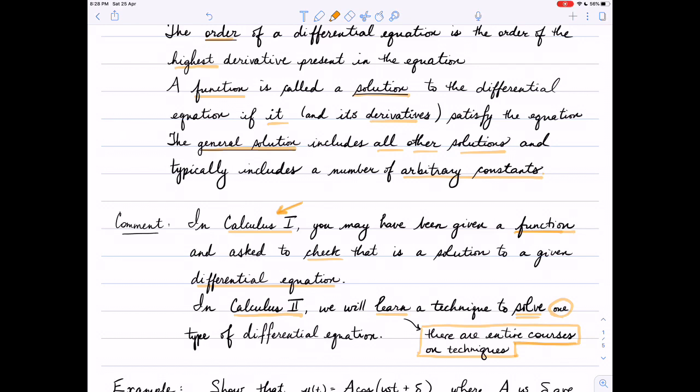So we are really just going to scratch the surface. We'll start with this kind of example from Cal 1, where we just check that the function given is a solution, and then we'll learn a new technique for solving them.